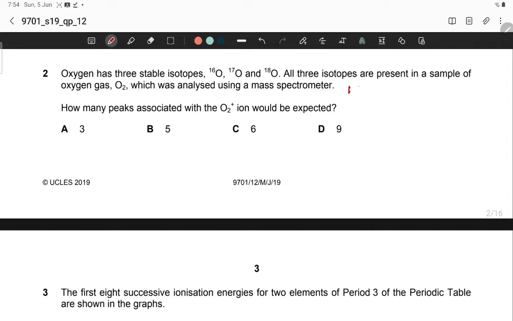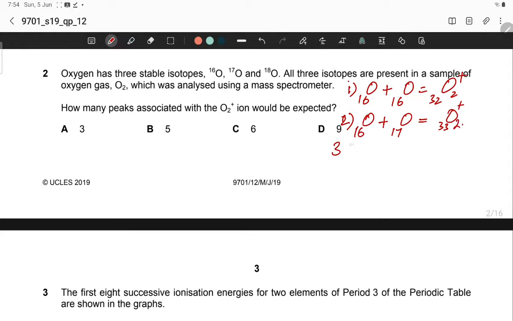The possible M/r values: O16 plus O16 is equal to O2 32 positive. Second is O16 with O17, which is equal to 33 positive molecular ion.